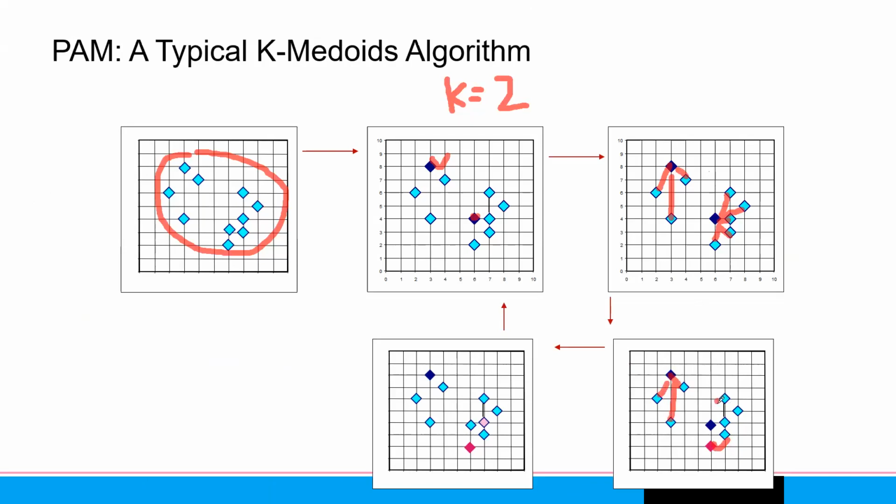If we choose another object, let's say this one, then we can have another calculation, and so on until we have the least distance, until we have the minimum distance from the whole iteration.